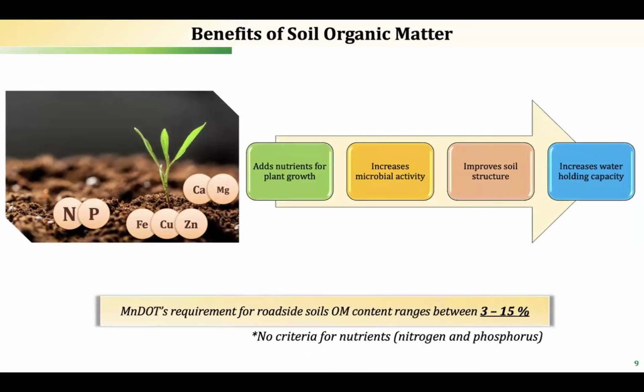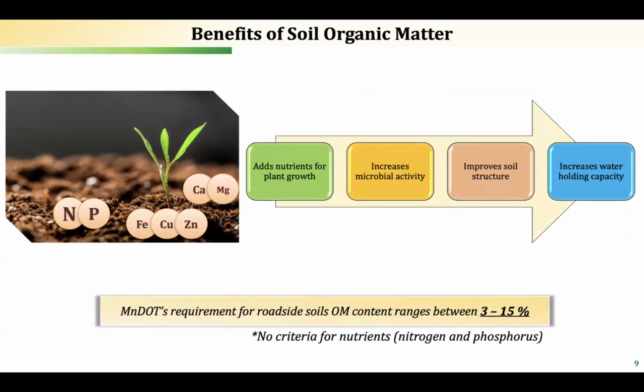And after this slide, I'll turn it over to Sai. So the benefits of soil organic matter was one of the main parameters we looked at in the selection of compost and biochar. The three types of compost that we used: food waste, yard waste, and turkey litter compost.